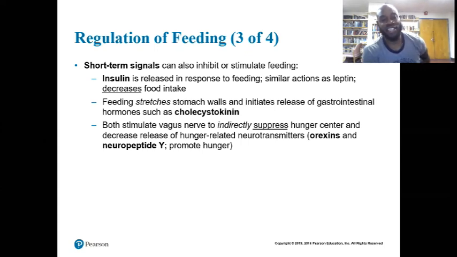Both stimulate the vagus nerve to indirectly suppress your hunger center, right? So your stomach stretches, releases CCK. Insulin is released when you're eating as well. Both of those suppress your hunger center. So when you eat a lot, your stomach fills up, stretches everything. Now your body says, I'm no longer hungry, I'm full.